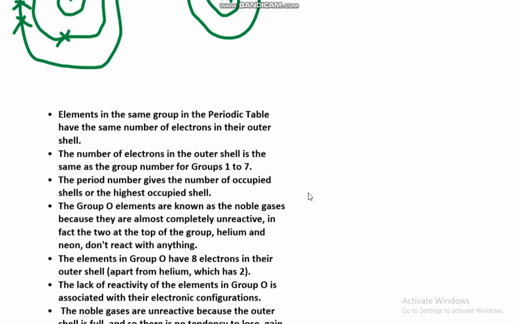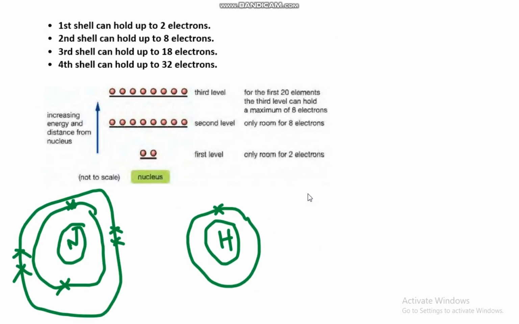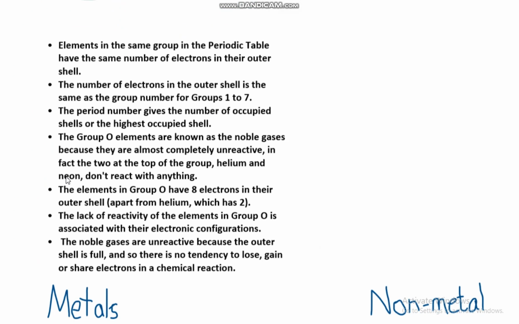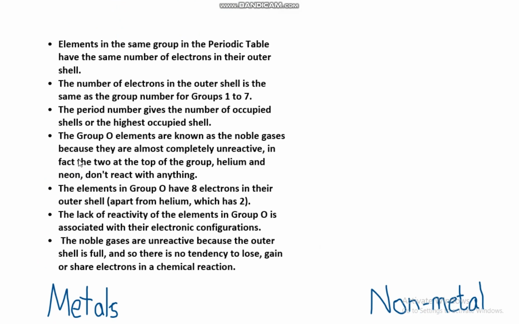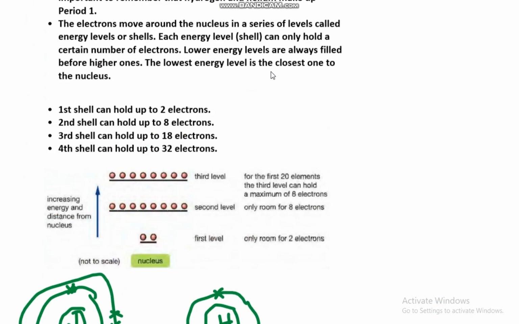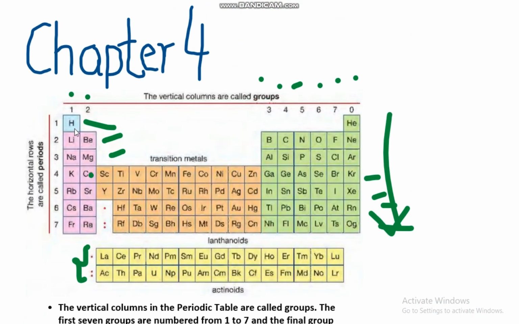But you have to remember this in a secret way, which I will explain here. Elements in the same group in the periodic table have the same number of electrons in their outer shell. So this is the group number, and this number means that there are this number of electrons in the outermost shell.